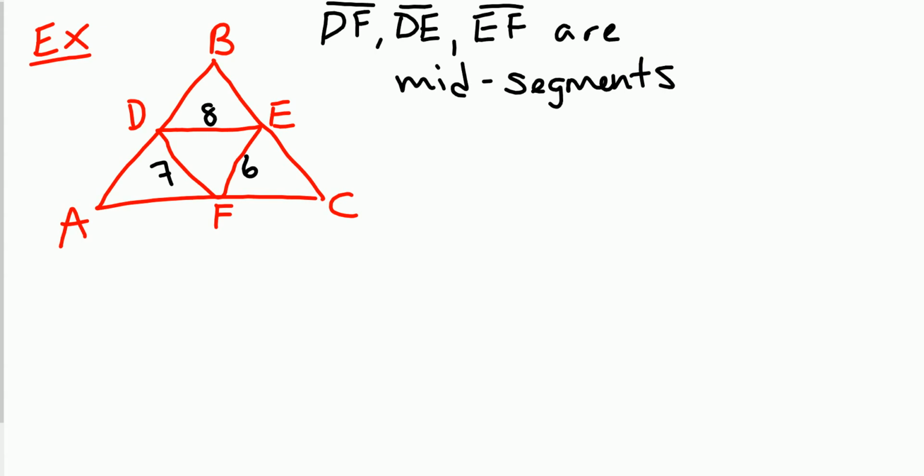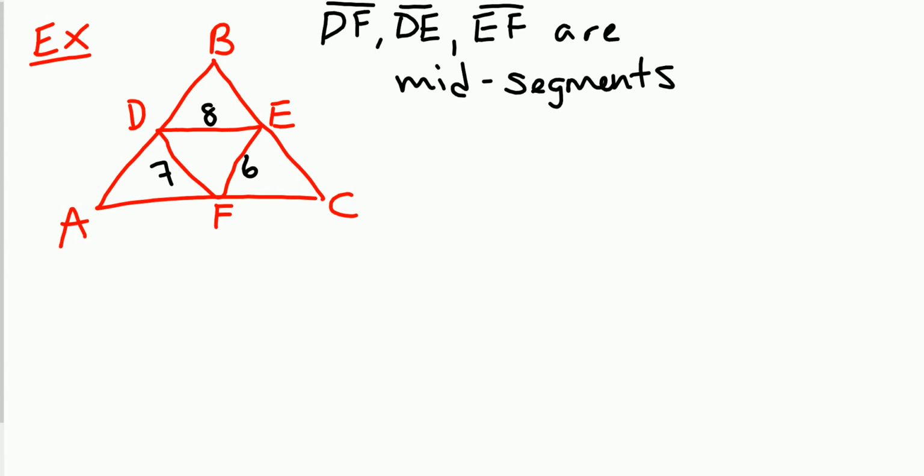That means that DE is parallel to AC, DF is parallel to BC, and EF is parallel to BA or AB, whichever one you want to call it.